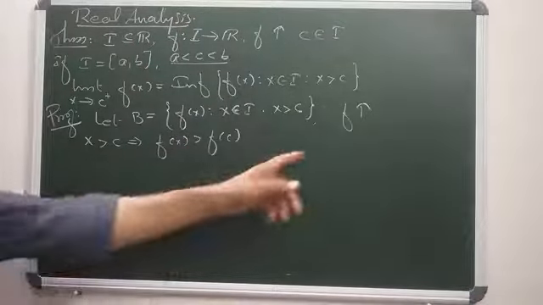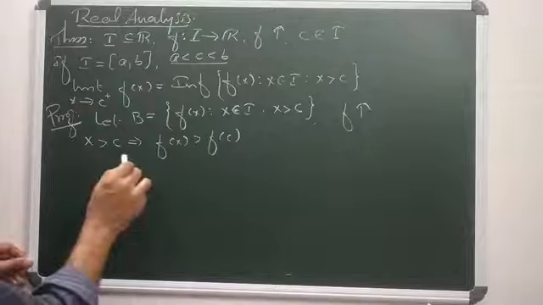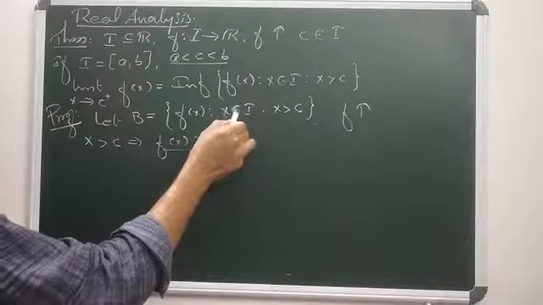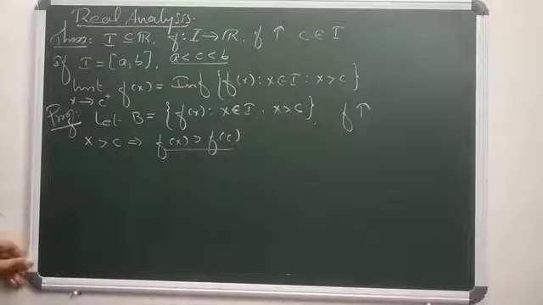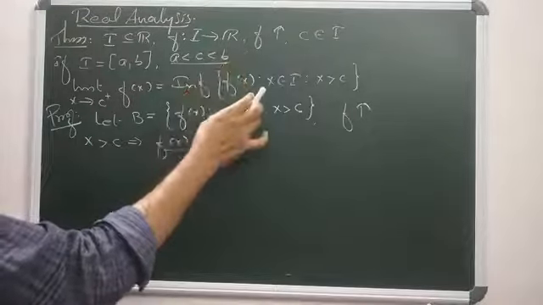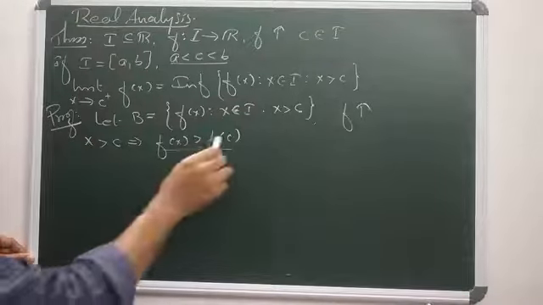Why? Because f is an increasing function. So f of x is greater than or equal to f of c for all x in I with x greater than c. That means the set B is bounded below by which one?